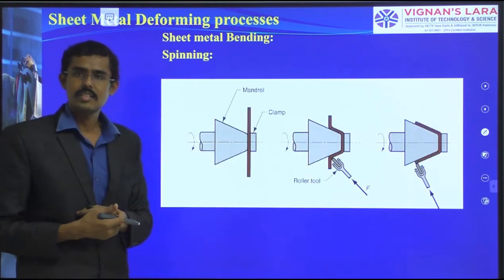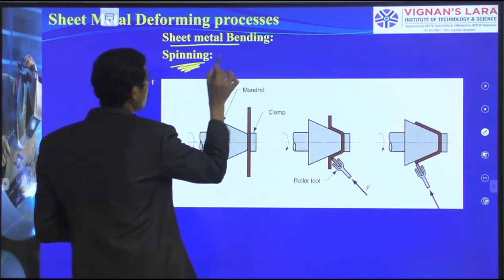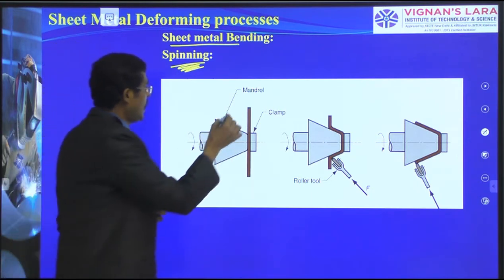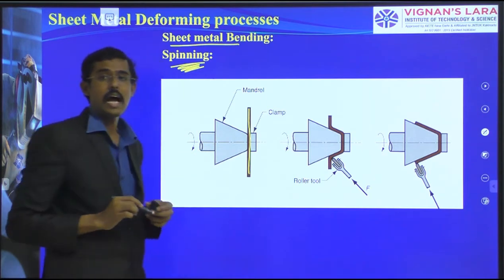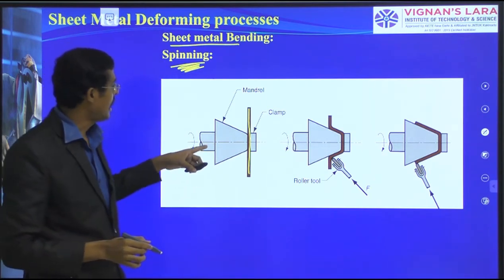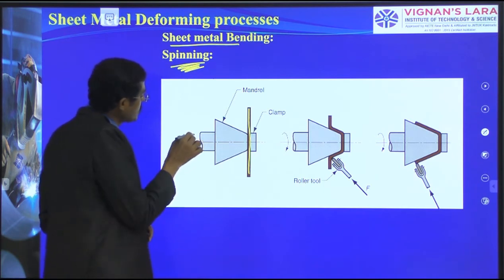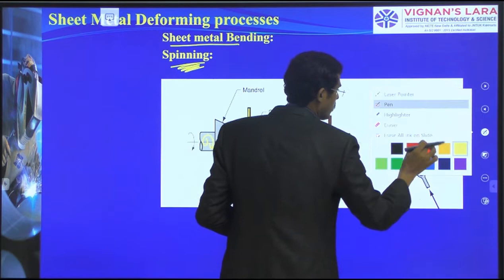One more in sheet metal forming is spinning. You see, a very simple method. I have kept a specimen here, and with this specimen I have a shaft connection, and it is going to rotate. This shaft is going to rotate.